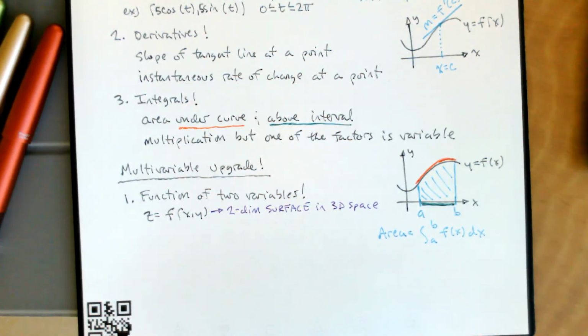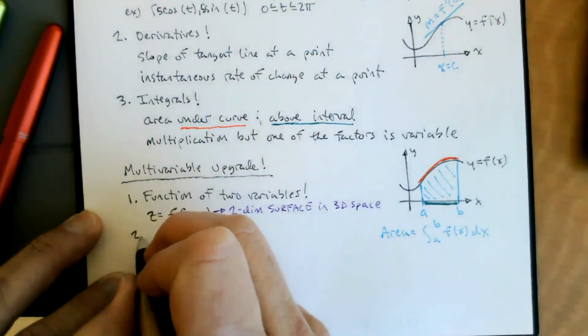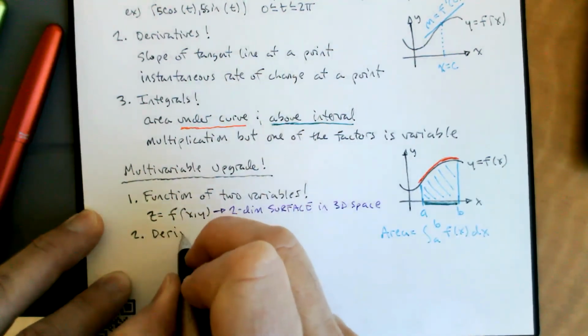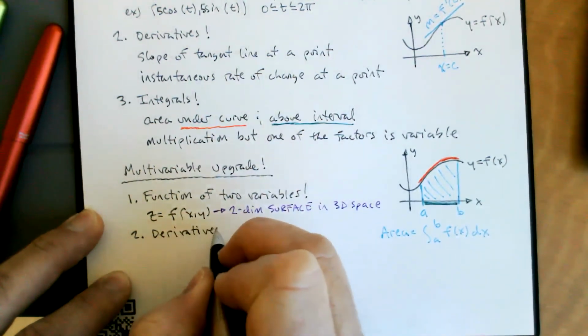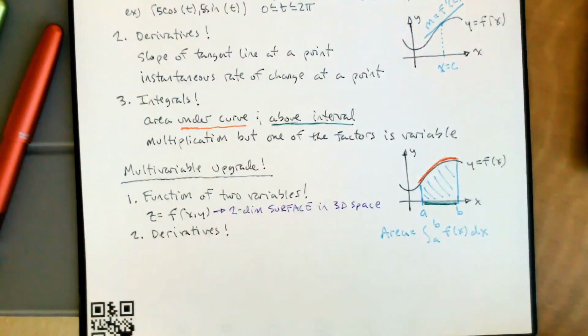So in the case of derivatives, instead of a line tangent to the curve at a point, we're going to produce a plane tangent to the surface at a point.